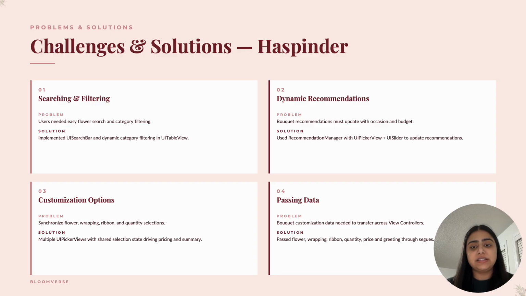Then we have passing data. Basically, the selections have to move between several screens. For example, from choices made in Bouquet Studio to a summary screen, or from the recommendation screen, where the user wants to customize it, and once he's done customizing, the whole data has to move to the summary screen and then be added to the cart.